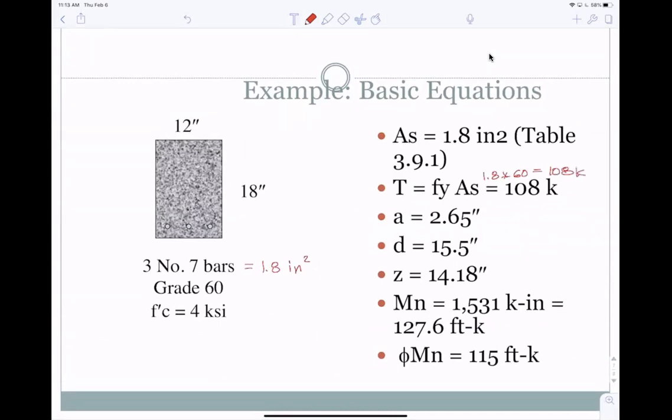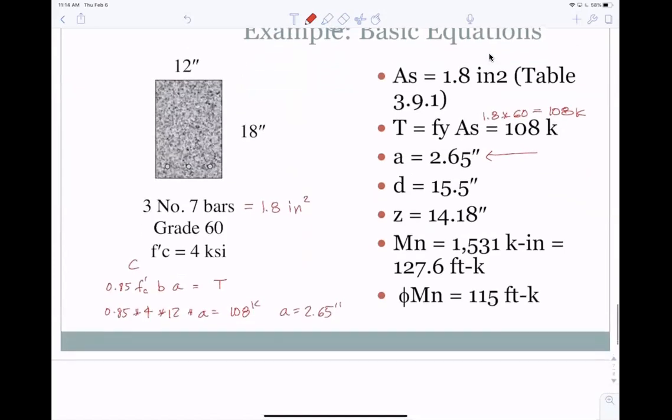So 0.85 f'c b times a equals T, right? Remember, C equals T. So f'c is 4 ksi. The width is 12. And we just got that T was 108 kips.